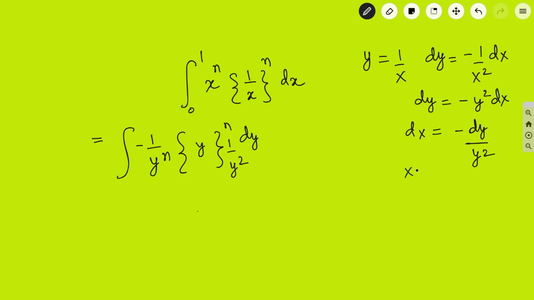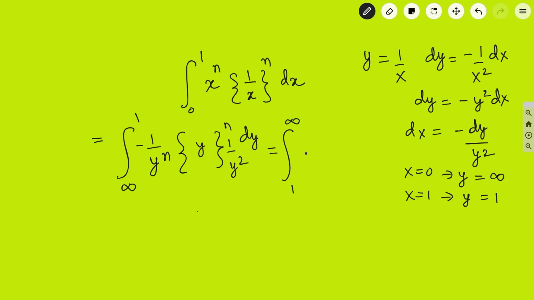Now your limits change, right? When x is 0, your y will be infinite. When your x is 1, your y will be 1. So let me make that change here: infinite and then 1, and because there's a minus, the limits get swapped.